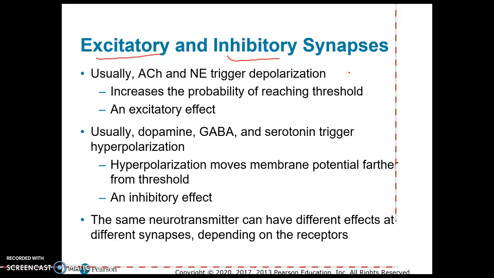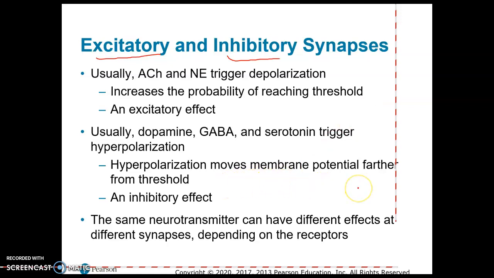So some neurotransmitters and their receptors act together to lead to excitatory potentials, and then sometimes they lead to inhibiting that potential. Okay, so usually acetylcholine and norepinephrine lead to action potentials. They're usually excitatory.